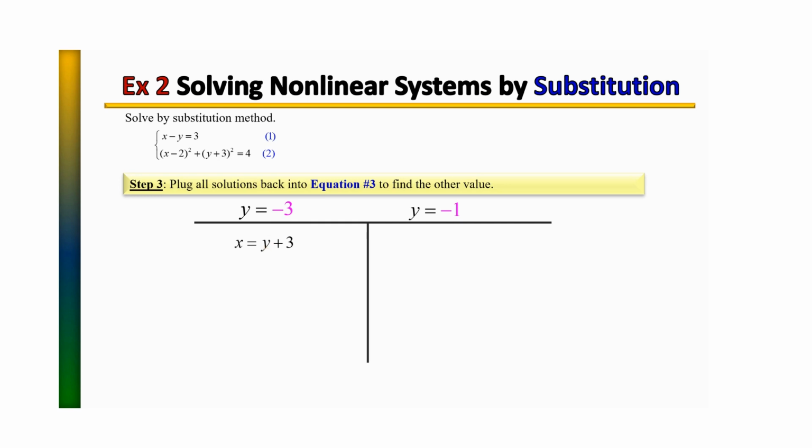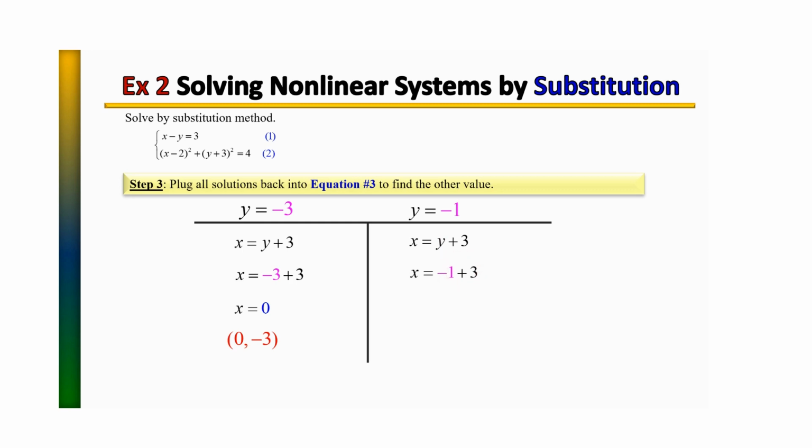So let's begin. We're going to remove this y and replace it with -3. When we do so, we can right away see that x equals 0. When we do so with the other variable being -1, removing the y and replacing it with -1 so that we can find out what x is, we can readily see that x equals 2.